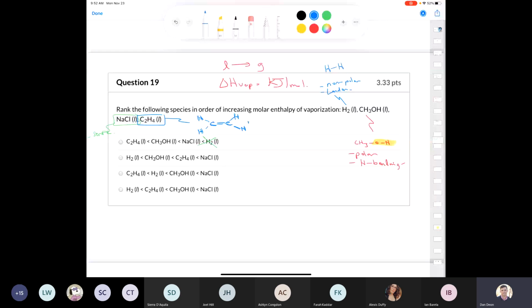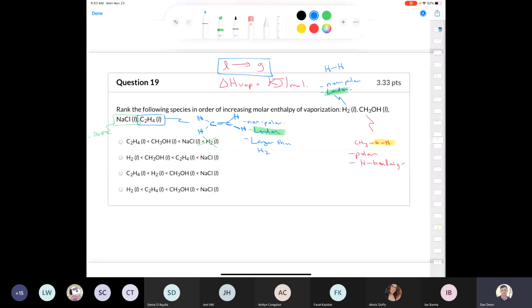So it's only going to experience London forces. But if you compare the London forces in ethylene versus hydrogen, ethylene is larger than H2, and so it's going to have a higher boiling point. It's going to take more energy to vaporize ethylene molecules, to convert them from the liquid to the gaseous phase.